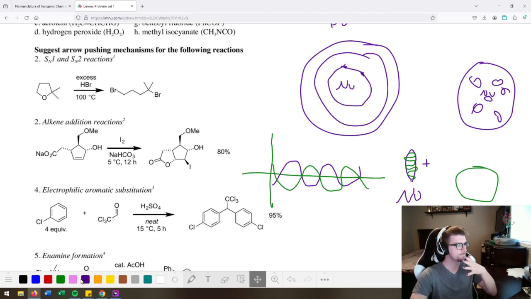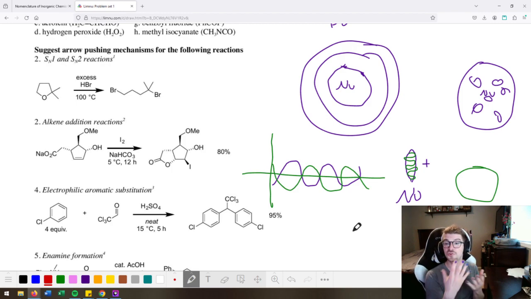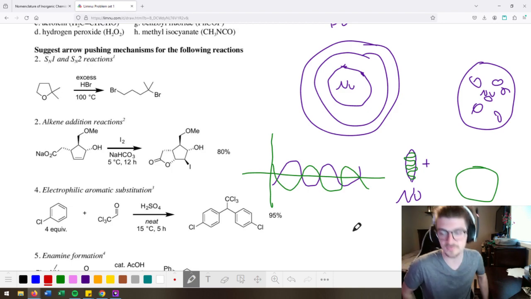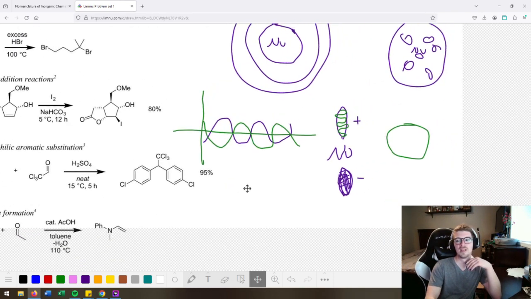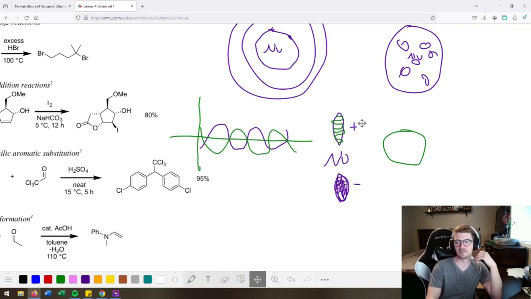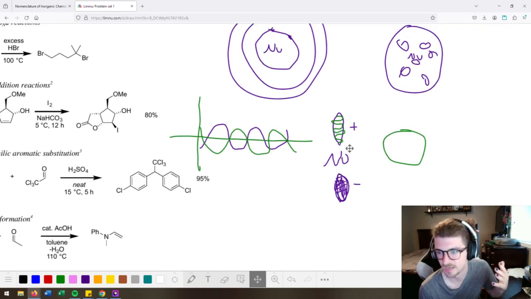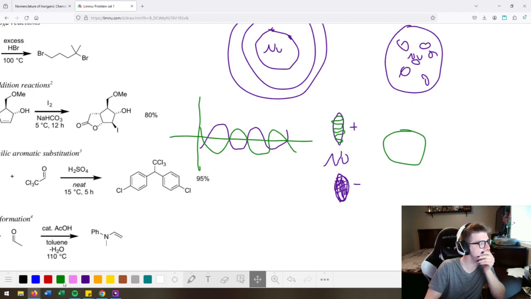So, orbitals exist around atoms, and when multiple orbitals on different atoms interact, they combine to form what are called molecular orbitals. How these come together, let's see, I'm going to do a bit of drawing.